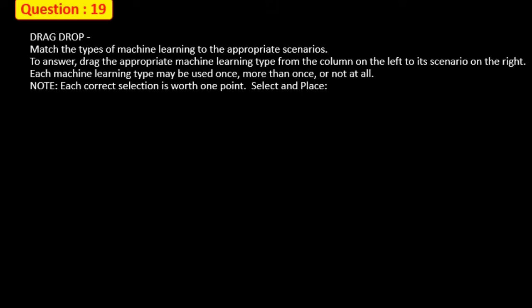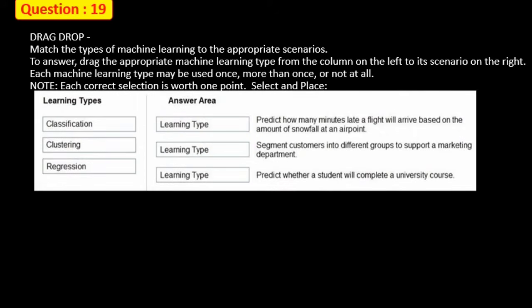Note each correct selection is worth 1 point. Select and place. Learning types as given. Classification, clustering, and regression. Answer area. Here you need to select and place the appropriate machine learning type matching each definition.